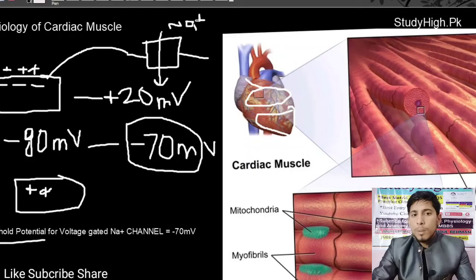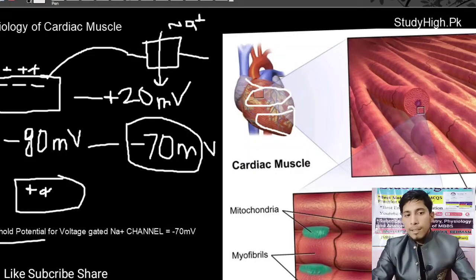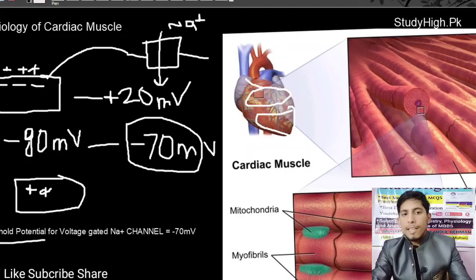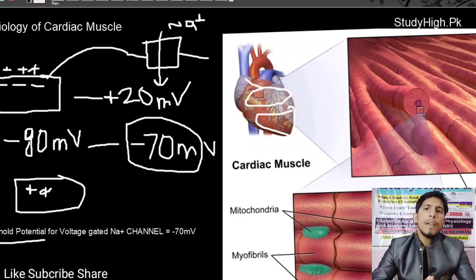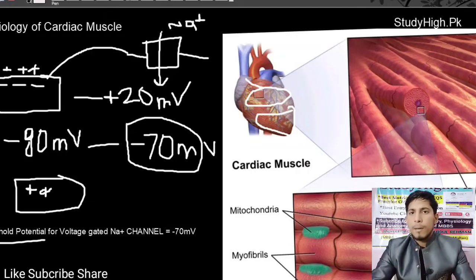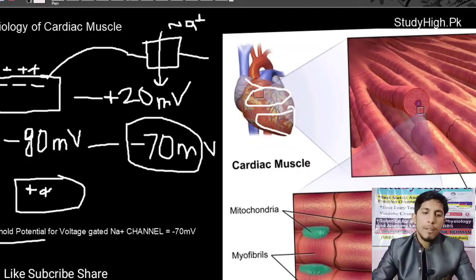Why has sodium been transported? Because we have made the inside of this cell less negative, to approximately minus 70. So when the membrane potential of any cell reaches minus 70 millivolt, sodium channels open.